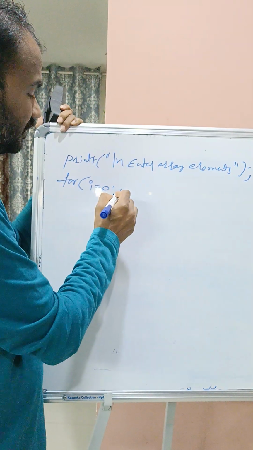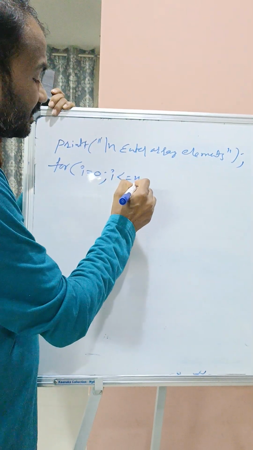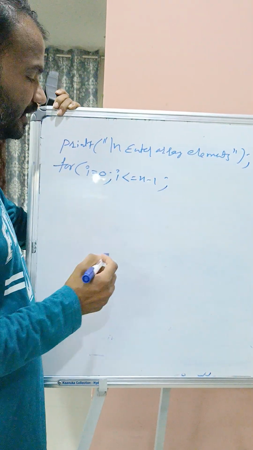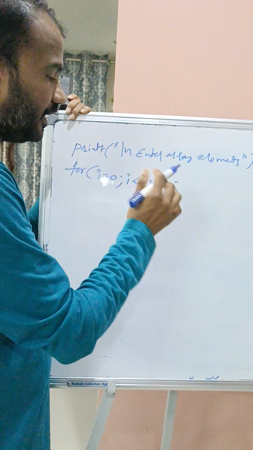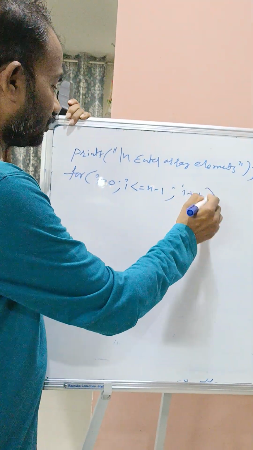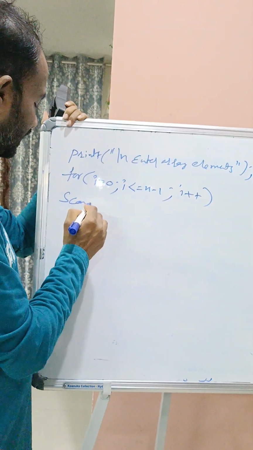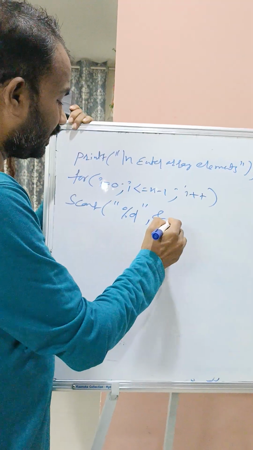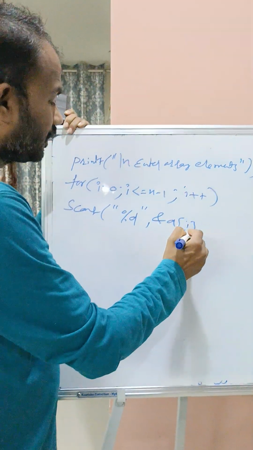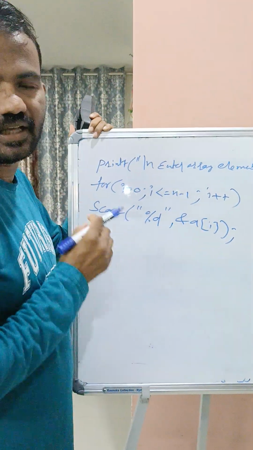That's why we are taking this one. What is the last element? Size minus 1. That's why we are taking i less than or equal to n minus 1, or i less than n. Then scanf("%d", &a[i]). Now entering the array elements is over.